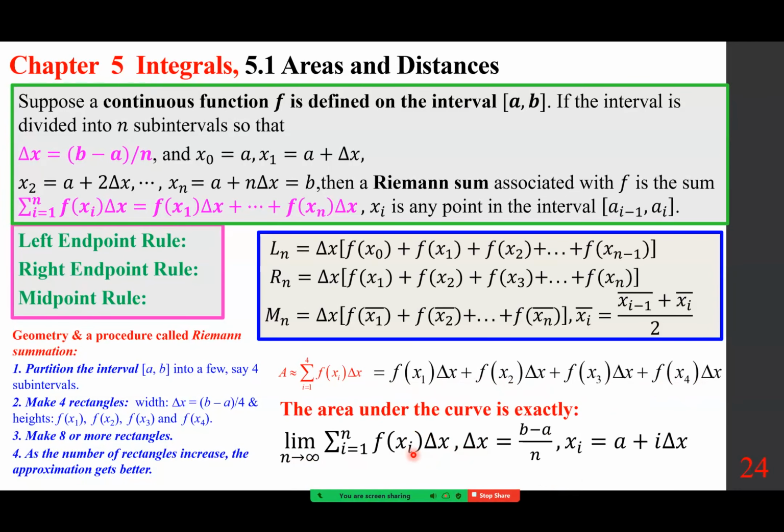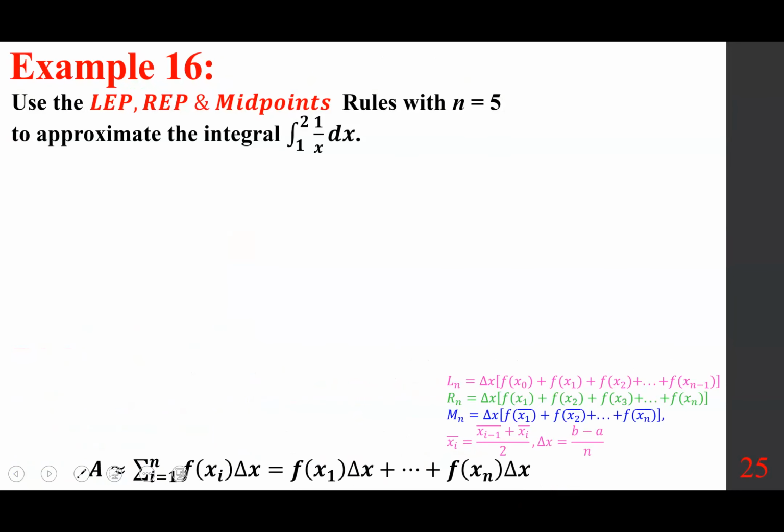Let's go over a simple example to make some sense out of what we just said. We want to use the left endpoints, right endpoints, and midpoints rule with n equals 5 to approximate this. These are the general formulas, but I'm going to show you how easily you can find it without paying too much attention to the formula.